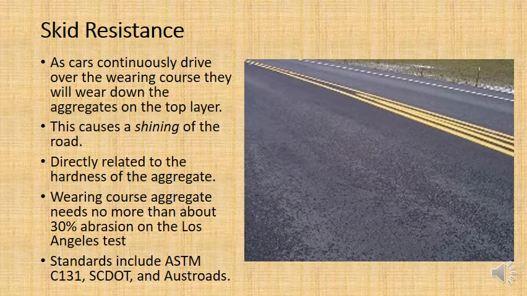Any higher than that and it would be too soft. It would wear away with cars driving over it. Now, there's a lot of standards on this. ASTM, Ausroads, these are all building standards, but they all have factors of how hard the aggregate must be in an asphalt used on a road surface.